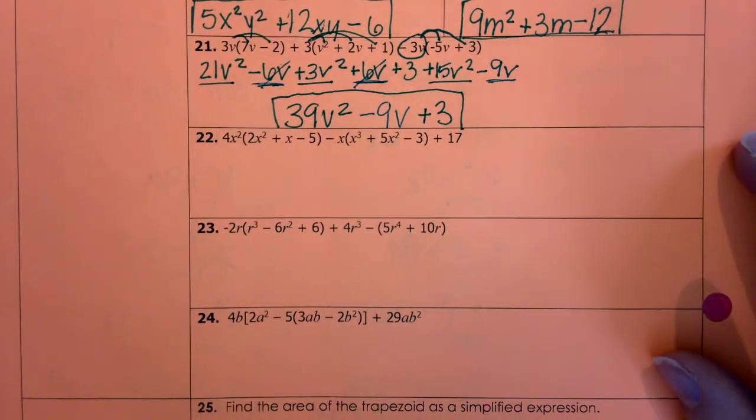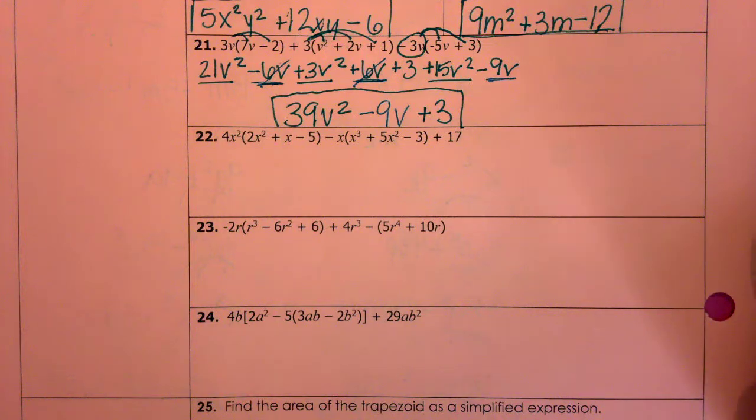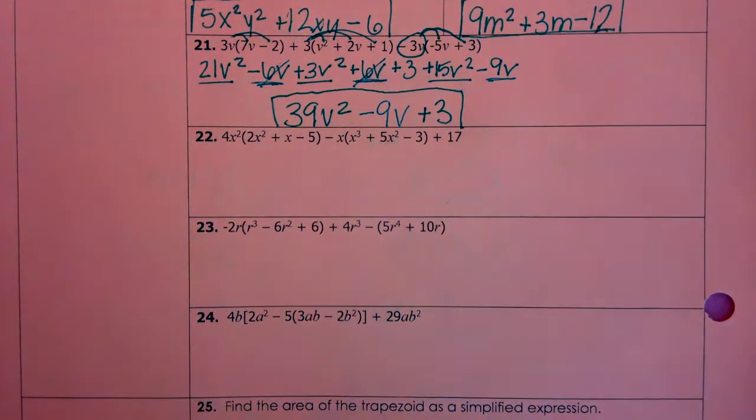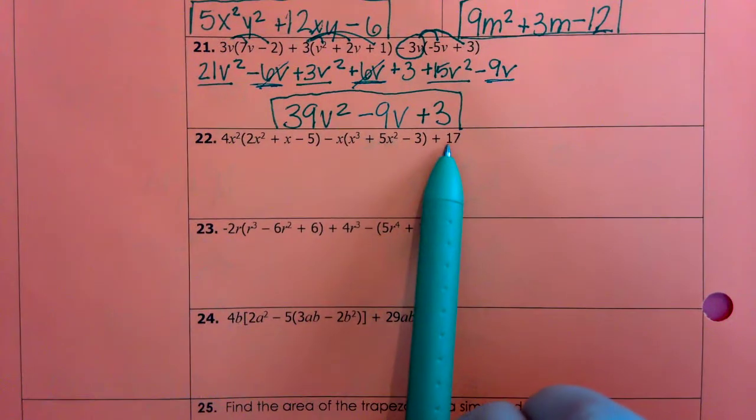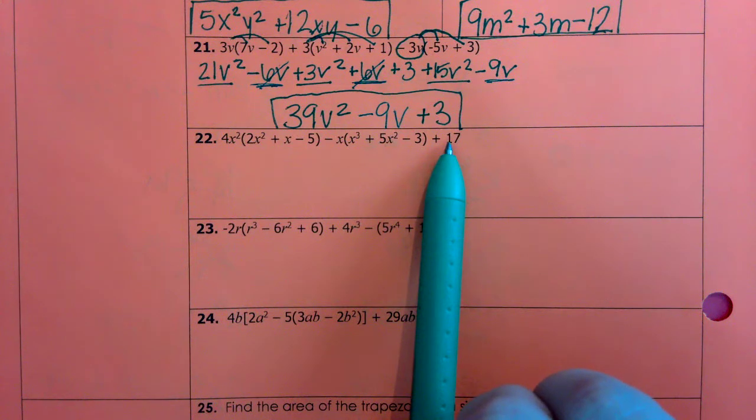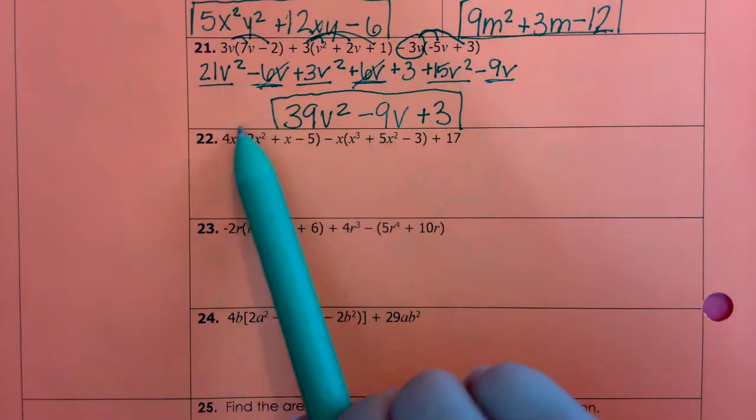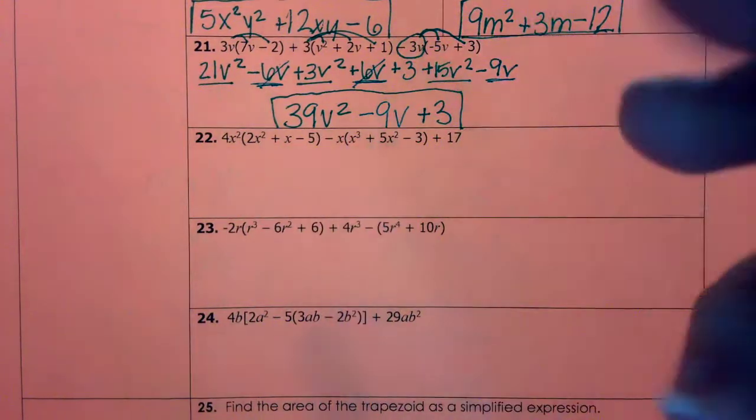Okay, now we have a few more things going on, number 22. On 22, what I'm going to have us do is figure out what we are going to do with this first one, the second one, and then we have this last term here. So I want you to be thinking about that on your own right now. If I'm looking at this, my first step should be working with this first monomial times this trinomial.